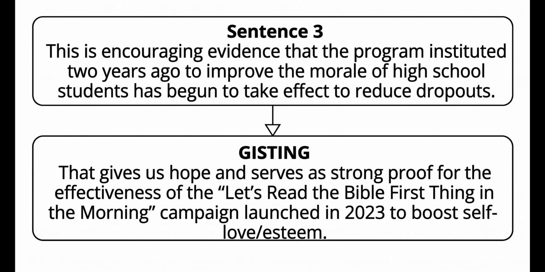Third sentence reads, this is encouraging evidence that the program instituted 2 years ago to improve the morale of high school students has begun to take effect to reduce dropouts. Rewritten purely in my own words, to me it reads, that gives us hope and serves as strong proof for the effectiveness of the Let's Read the Bible First Thing in the Morning campaign launched in 2023 to boost self-love and esteem.